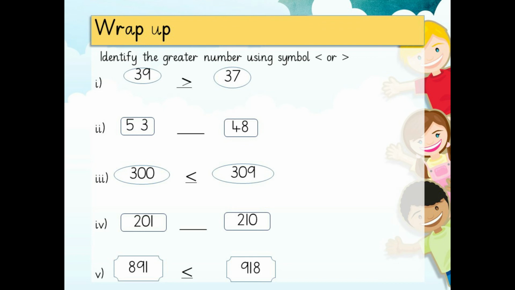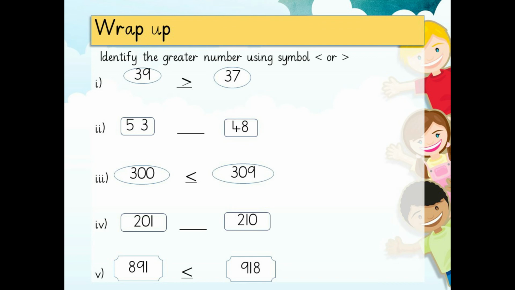Coming towards the next set of numbers, 390 and 309. Observing both of the numbers, starting from which place value? Yes, hundreds. Both of the numbers have the same hundreds.